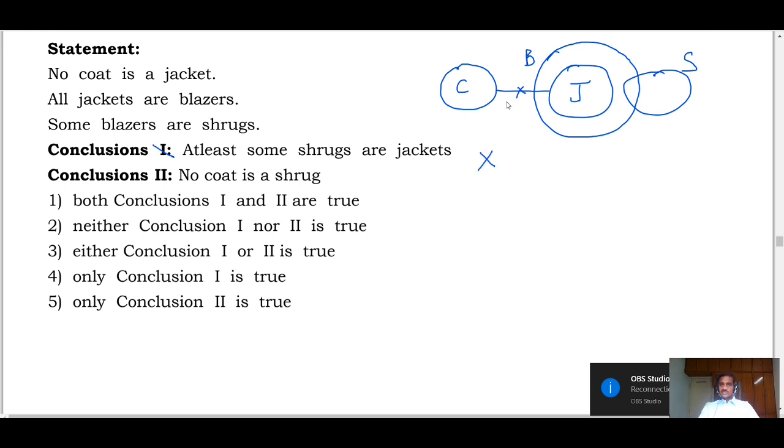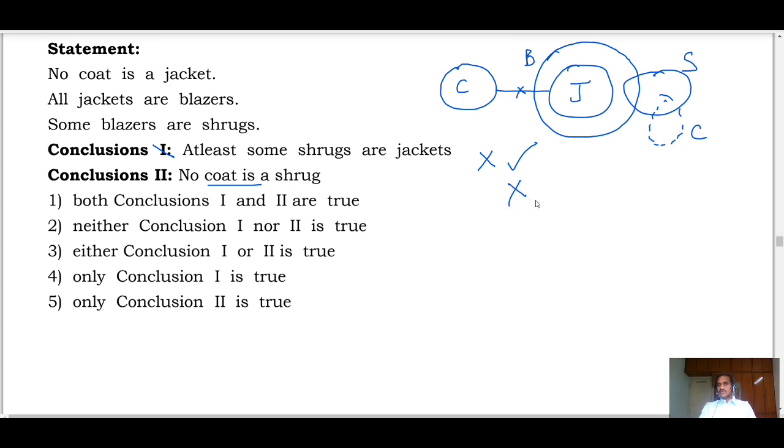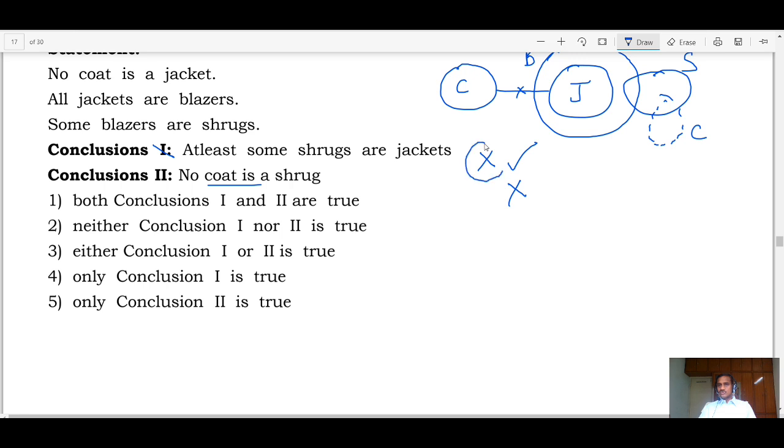Second one, no coat is a struct. Coat is here, struct is here, definitely true. Now to make this one false, some of the coats are structs, meaning coat and struct intersect. Now tell me, is it possible to bring coat like this or not? Yes. Hence alternate diagram proven, previous conclusion false. After making the previous conclusion false, we need to check whether the affirmative conclusion that was false in the basic diagram has become true or not. If it is true, then it will be either-or.